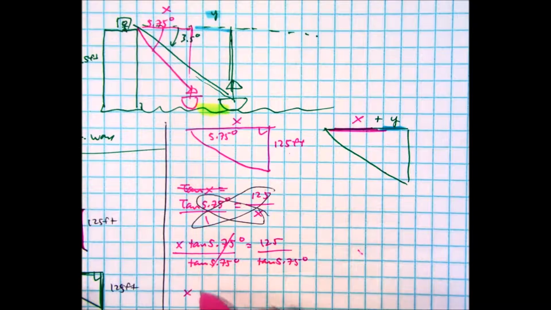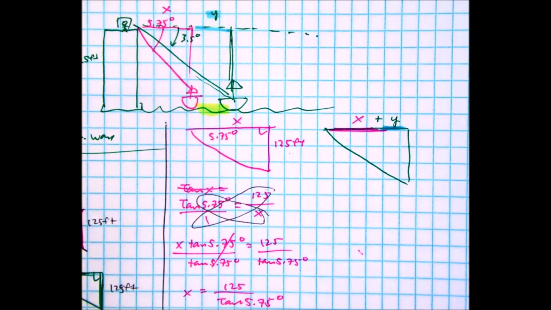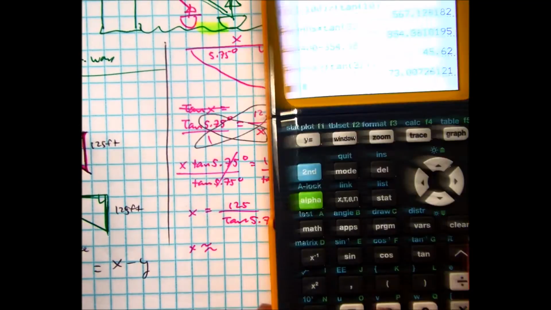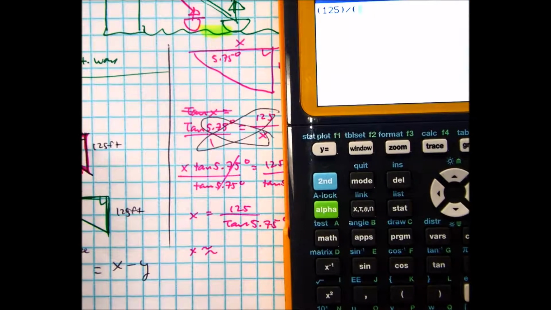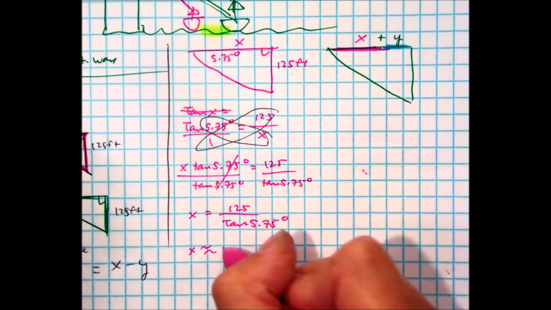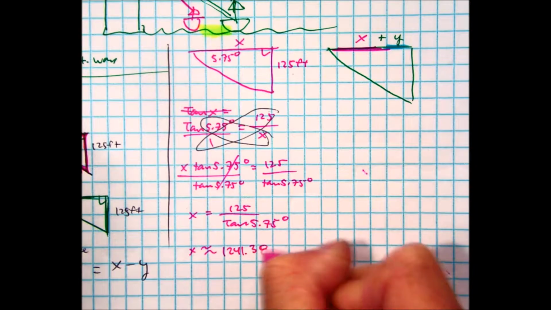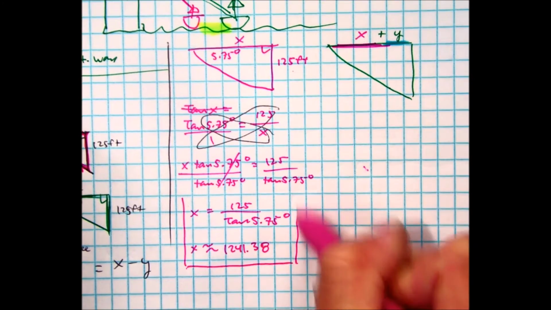And there I have my calculator ready equation. Put it into my calculator. Make sure I'm on degree mode. 125 divided by tan 5.75: 1,241.38. Raise your hand if you got that. So I can use either of these values for x.